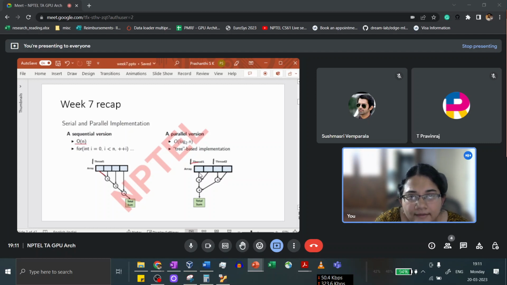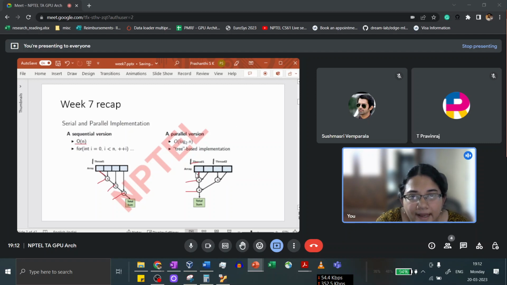Notice that thread 1 takes element 1 and 2 and performs a sum, and at the same time thread 2 can perform a sum of 3 and 4. Then you just add both of these together and you get the sum. So what took 3 steps here is now taking 2 time steps, because 2 of these operations are happening in parallel.